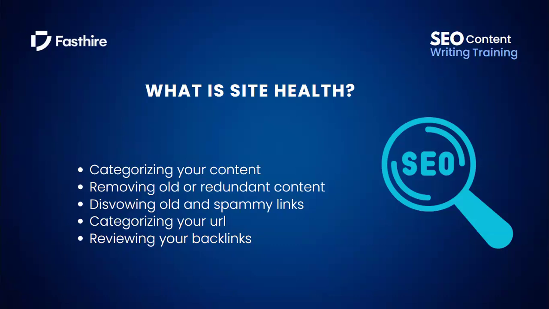So how do you increase your site health? Categorizing your content properly. Each content you're creating has to be put in just one category. Don't write one content and put it in 3 categories, to avoid what we call cannibalism.